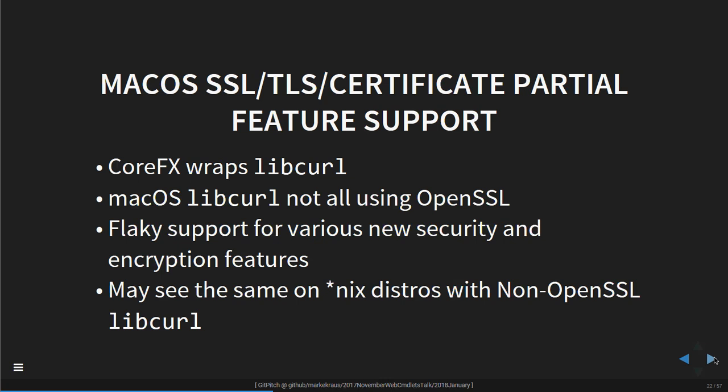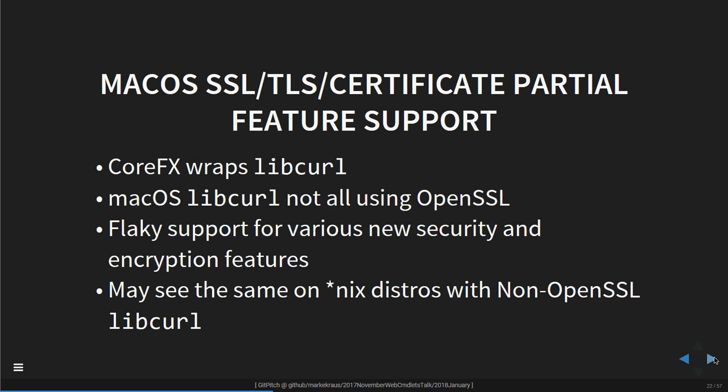Basically, it's a wrapper around libcurl. If you're familiar with curl on Linux or Mac OS, libcurl is the backend that curl actually uses, and PowerShell and .NET Core are doing the same thing. They're just wrapping around libcurl on Linux and Mac OS.